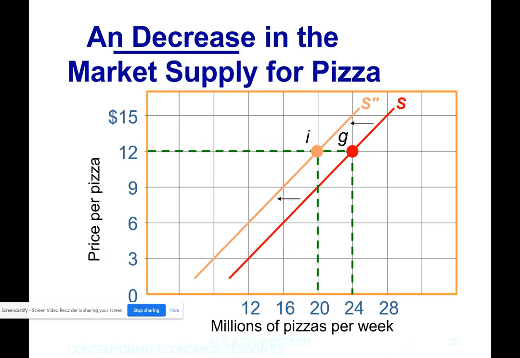We see a decrease, right? Maybe something happened in the supply for pizza. Maybe cheese became more expensive. Maybe the market supply of pizza just isn't necessarily selling like it would. We'll see a leftward shift, right? A leftward shift because we are producing less pizzas along this horizontal line.